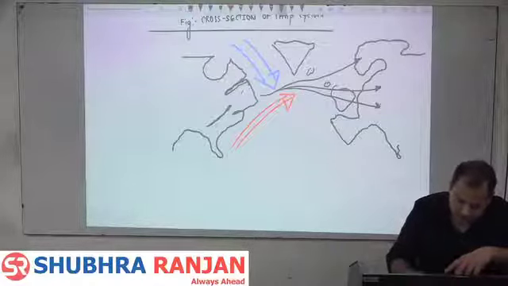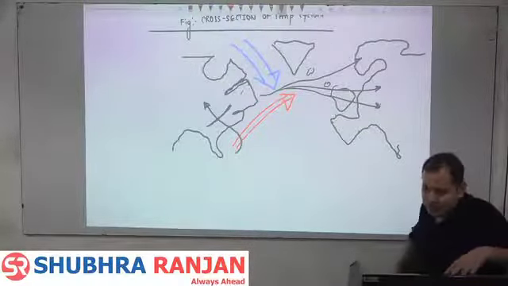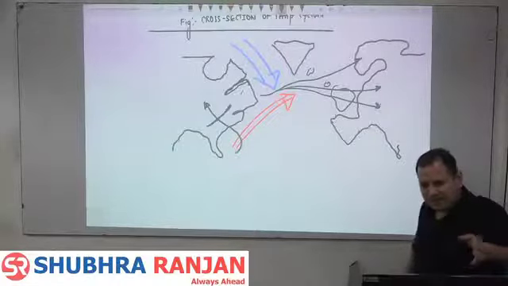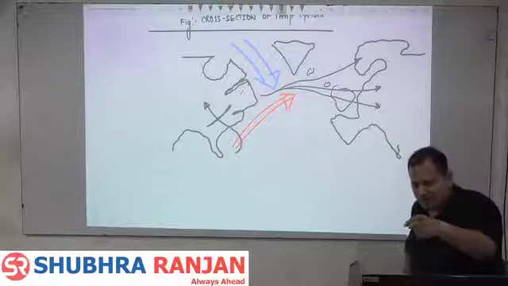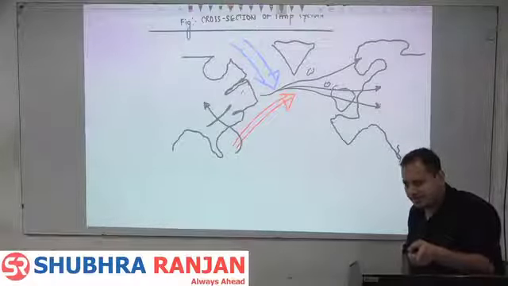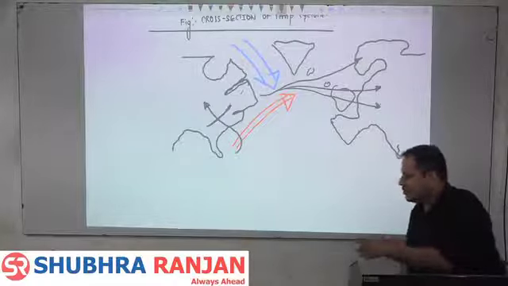Means the cyclones are moving in this direction, not from west to east. ये exceptions हैं. Exception सिर्फ याद रखो, जब use करना है तो करो. There is no need of writing this point in the exam. Fine? But if you want to show something, highlight something, then only show this.